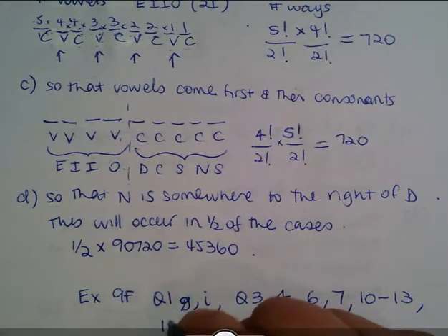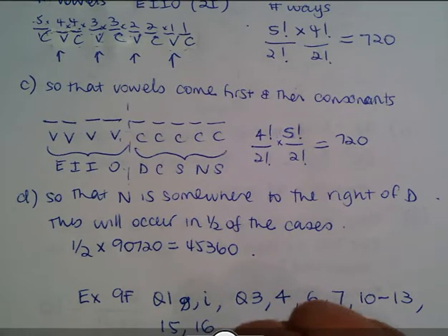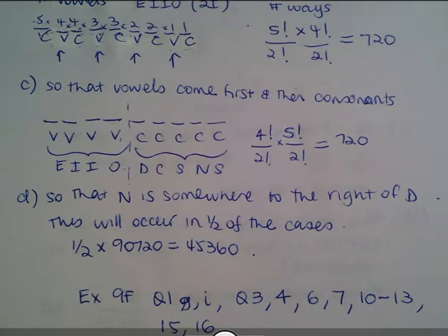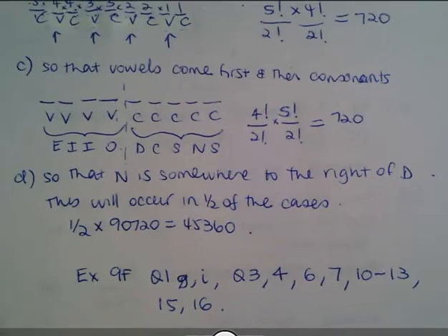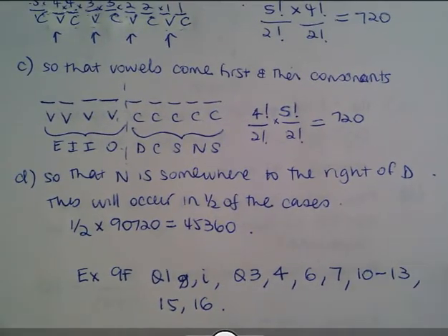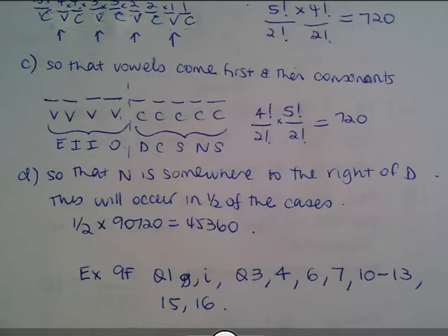You can do 15 and you can try 16 as well. That one might be a bit harder. It requires some guessing and checking. Okay, and in the next video I do go through some of the harder questions that you might encounter.